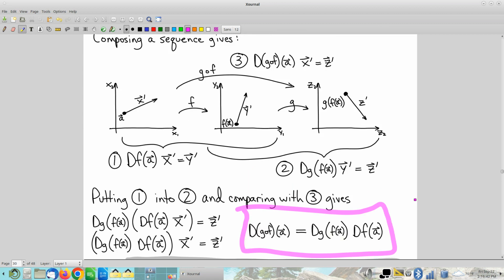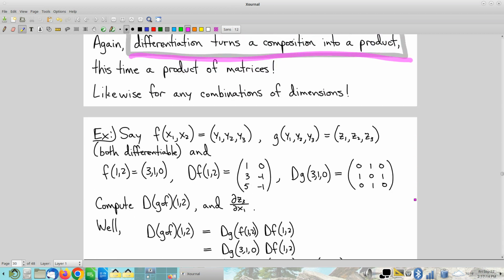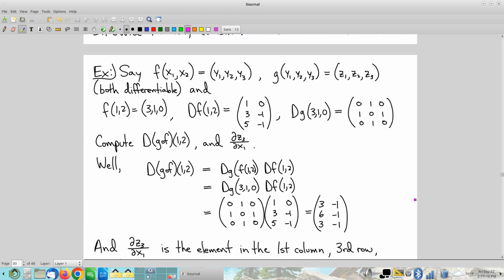But if I were to make this a 3-dimensional domain, and maybe leave this one 2-dimensional, and then this one maybe a 3-dimensional target, it doesn't really change the argument. The derivative matrix still turns vectors into vectors, and the whole argument goes through exactly the same. The dimensions don't matter. This works, in other words, for any dimensions of functions. Okay, and with that in mind, let's look at this next example.